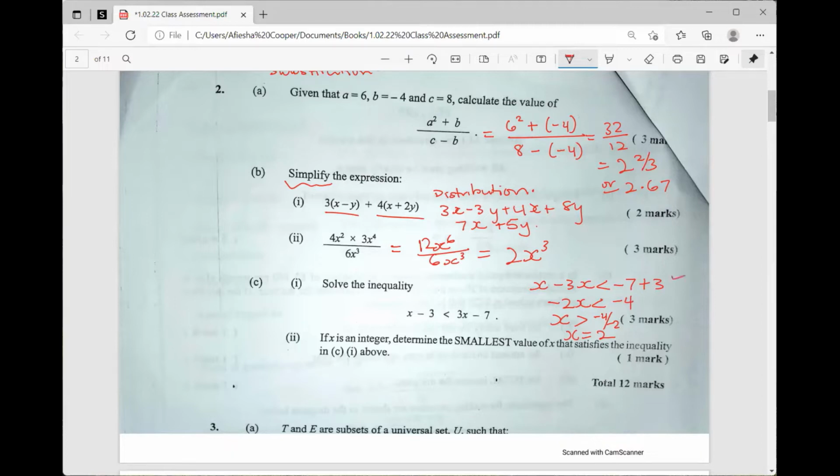Okay, that's what I did here. I put the negative 3 plus 7, the less than sign, the 3x minus x. So you have negative 3 plus 7, less than sign, 3x minus x.